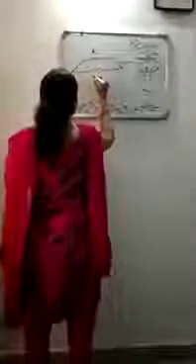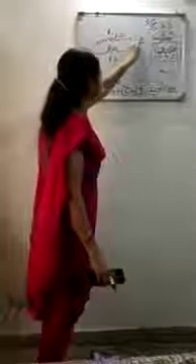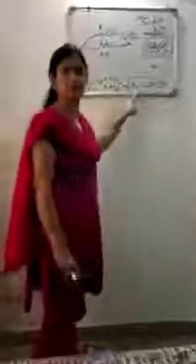This is your R1, R2, that is 6 ohm, 6 ohm, and R1, R2 both are connected in parallel, and their resultant resistance is connected with the third resistance in series. Then the resultant resistance is equal to 9 ohm.